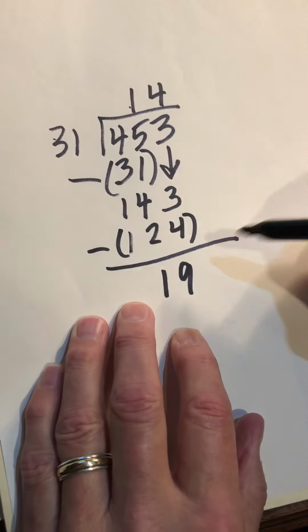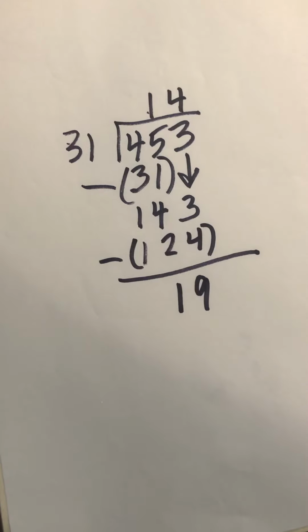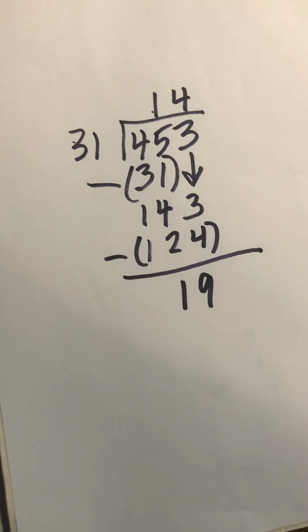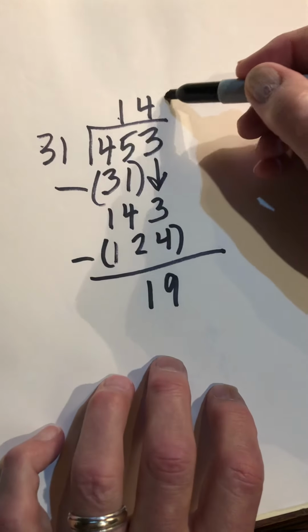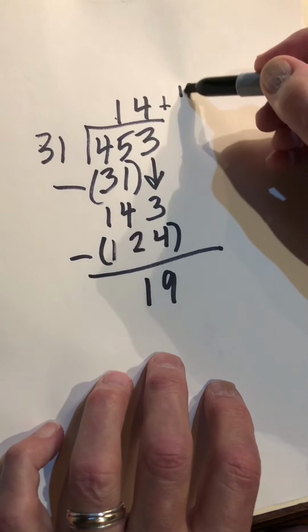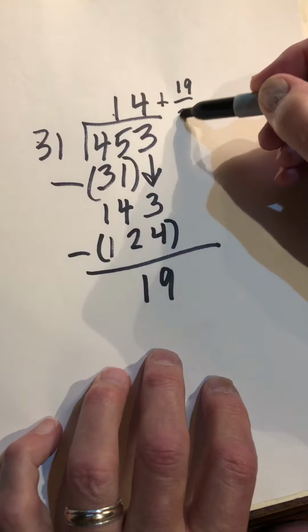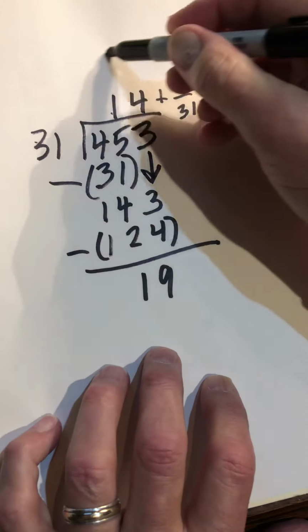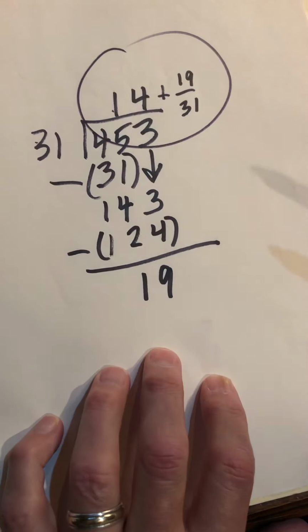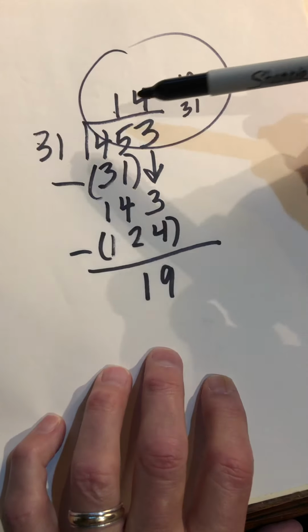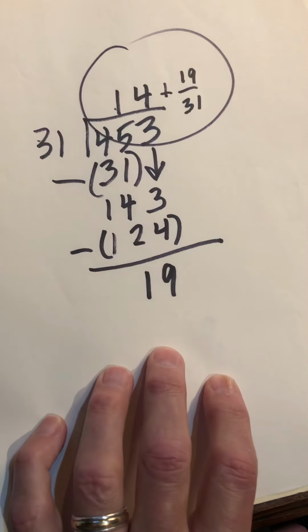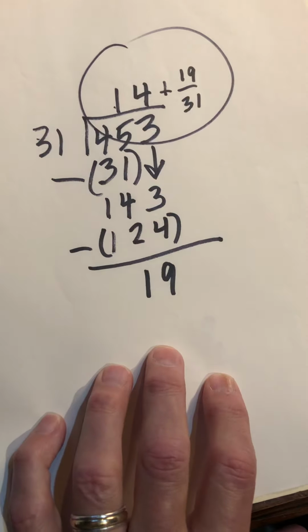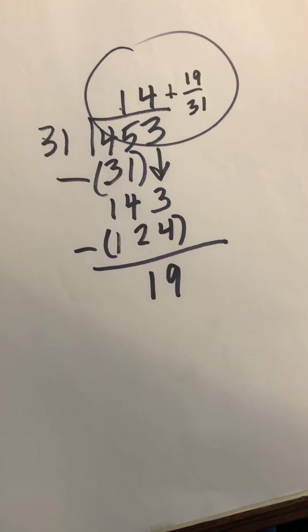There's no more terms or digits in this case to drop down. So what do I have? I have plus 19 over 31. And that's my answer. Now, by the way, you can always check this. 14 plus 19 over 31 times 31 will give you 453 as a product.